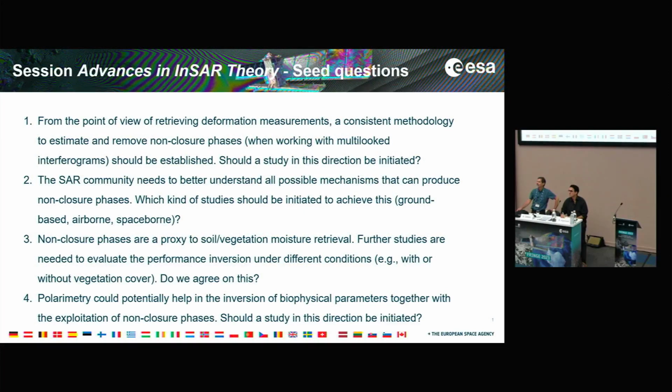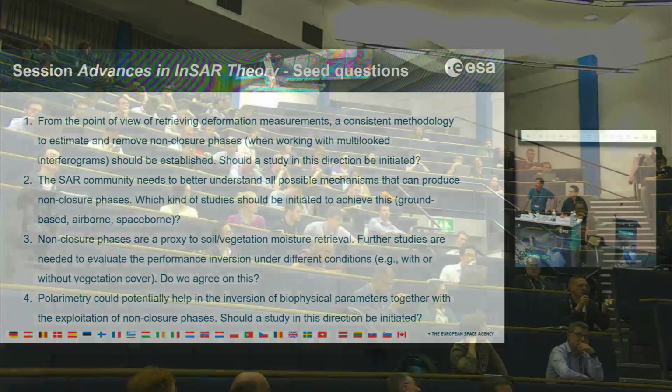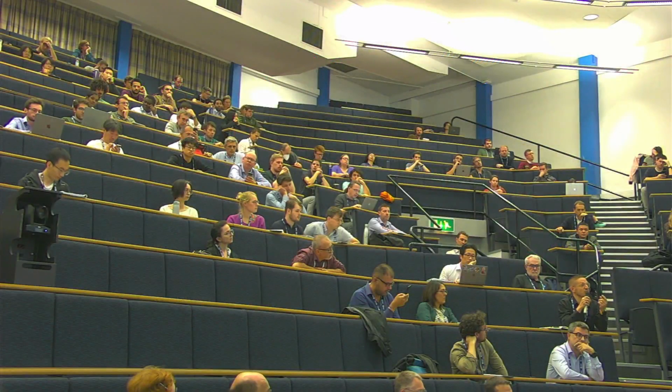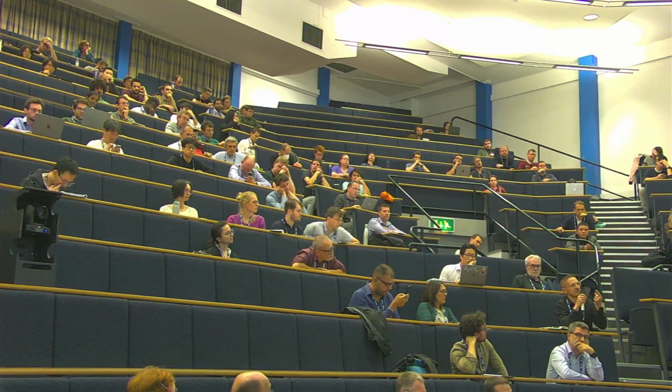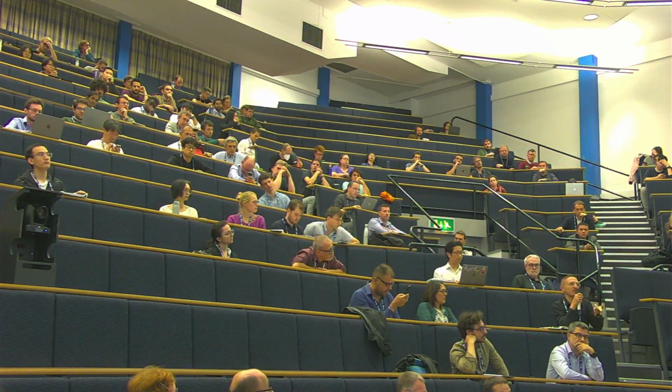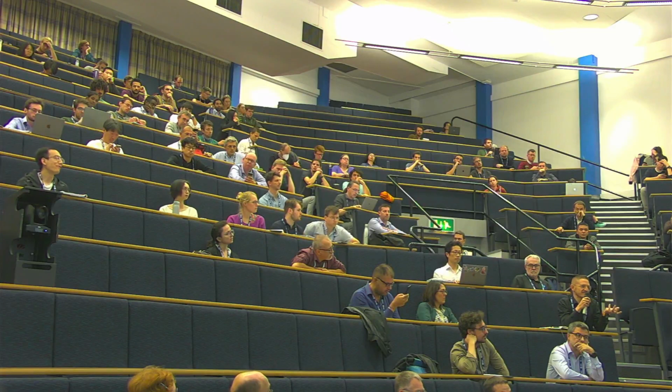So maybe this could be used. The question mark is that if we are going to have a polarimetric, interferometric data set at a given frequency, C-band, L-band, I don't care, the problem is to have the data together with the soil moisture. And that comes back to the first question about test sites with ground truth.